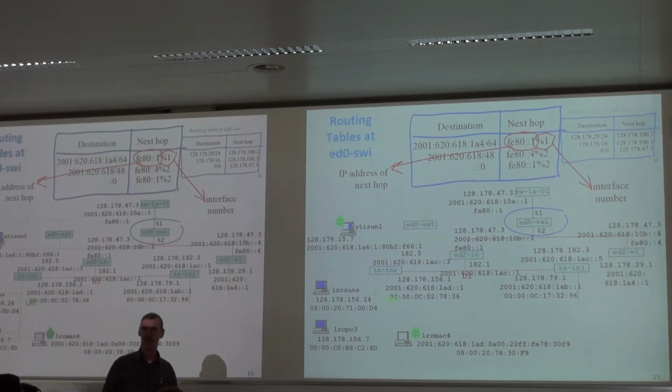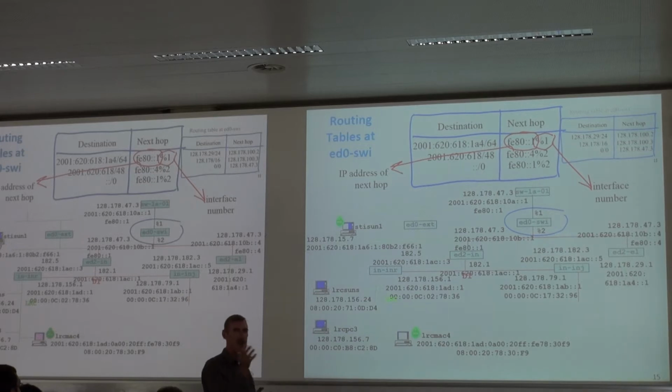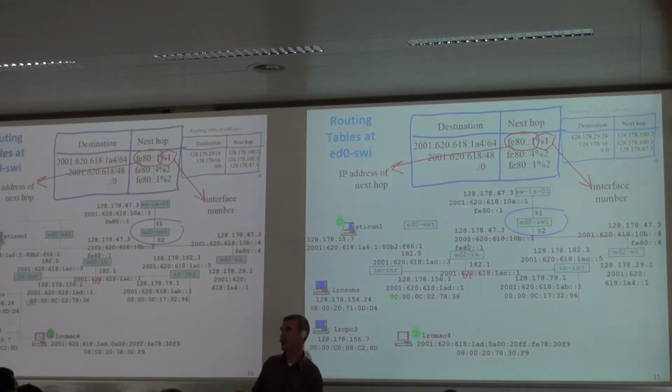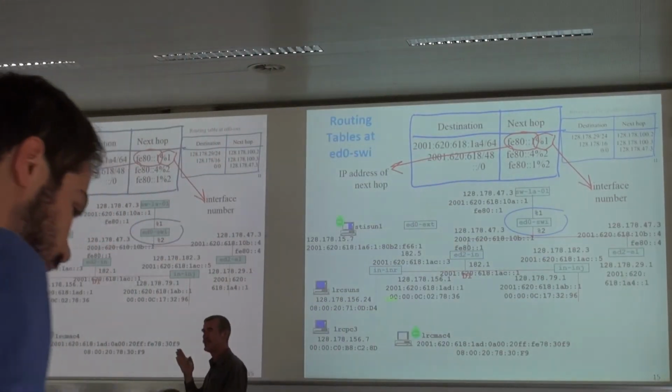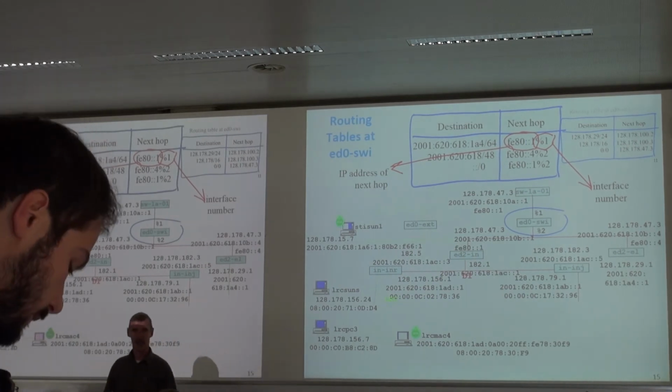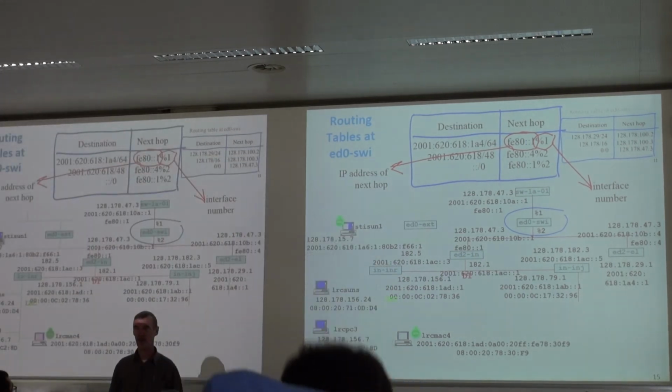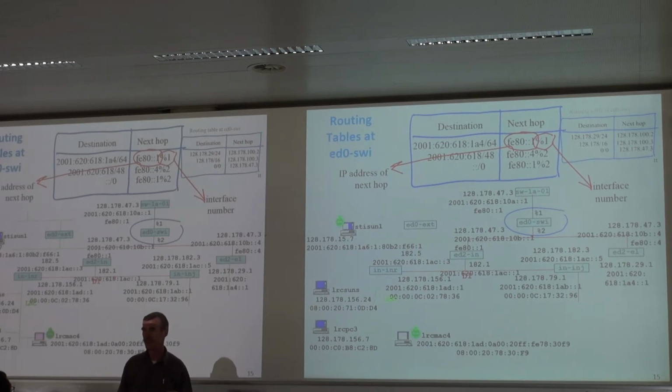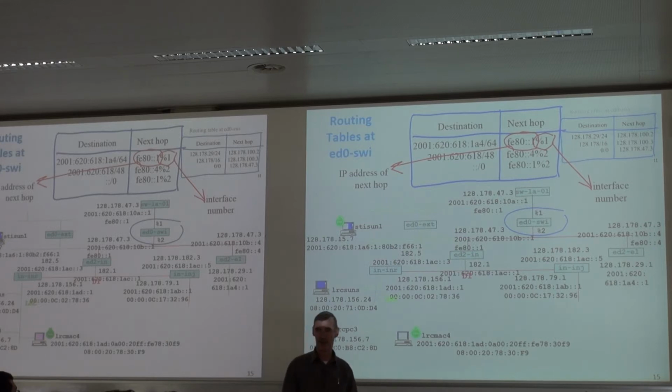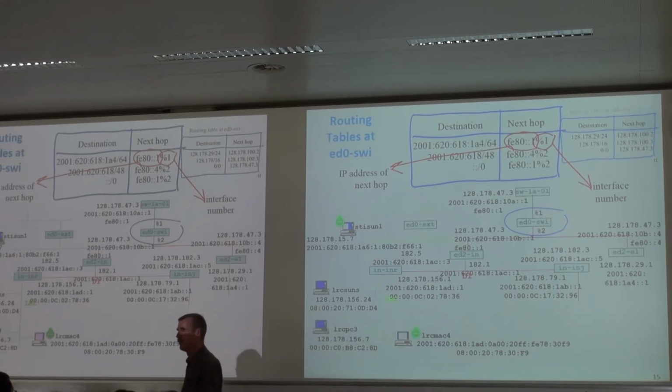This is the IP address of the next hop, like in IPv4, except now in IPv6 we use the link local addresses. Now if you're a router, you have several links, several local area networks to which you're interconnected. So you may see the same address on different subnetworks connected to you, but those are different machines because the link local address by definition has a meaning only inside the link. Inside the link means inside the local area network.